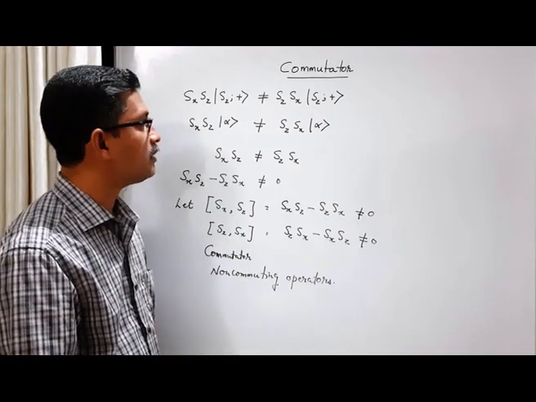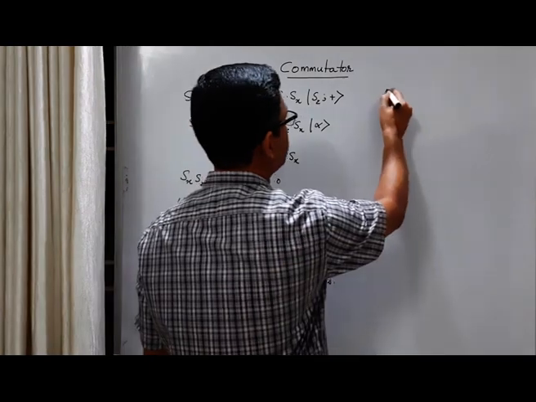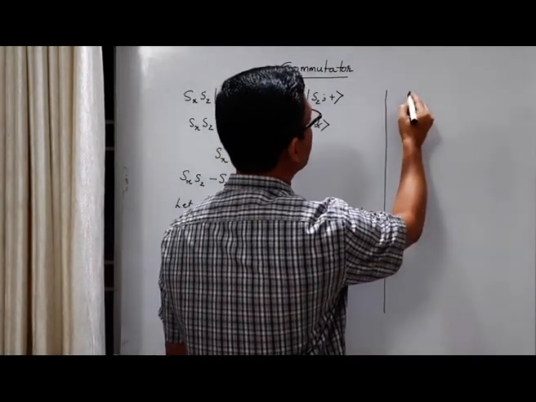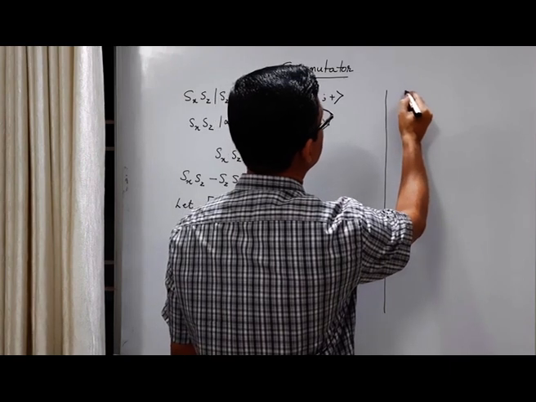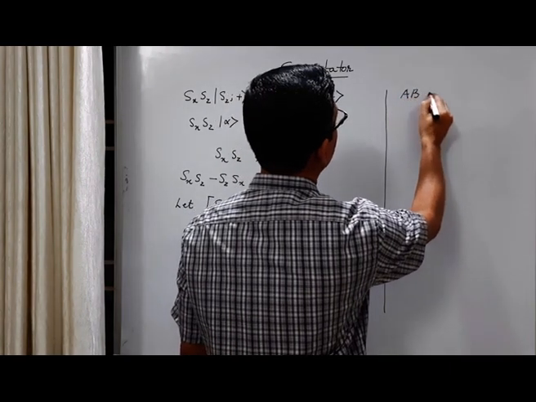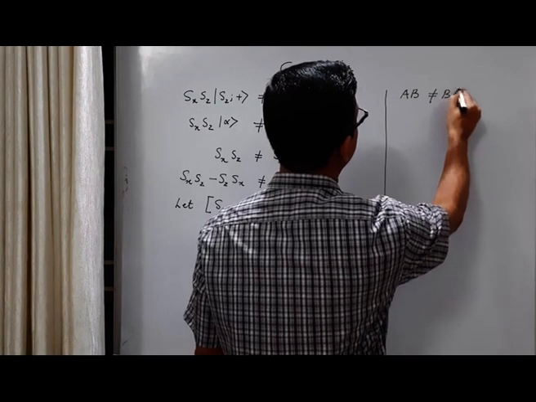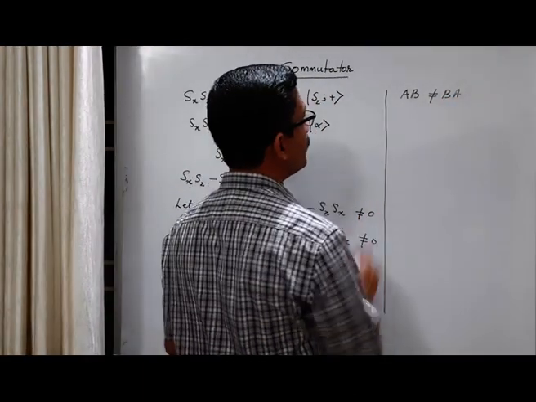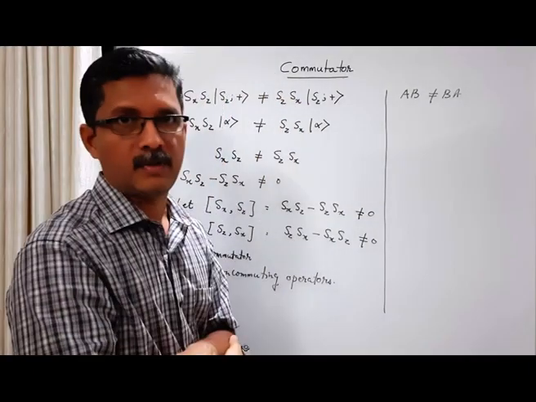If we talk in general terms, let us consider two operators A and B. If AB is not equal to BA, they are called non-commuting operators.